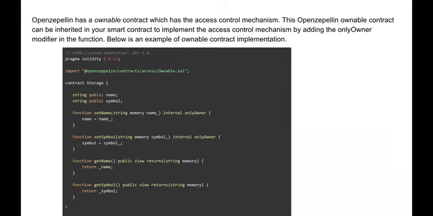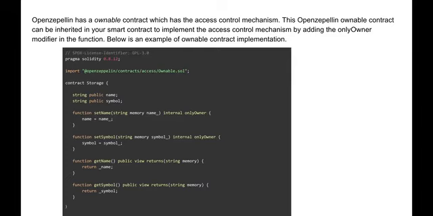There is a modifier in the Ownable contract which is called onlyOwner. What this modifier does is that it restricts access to the function that has the modifier onlyOwner. Let me take that again. What onlyOwner does is that it restricts access to a function that has the modifier onlyOwner.